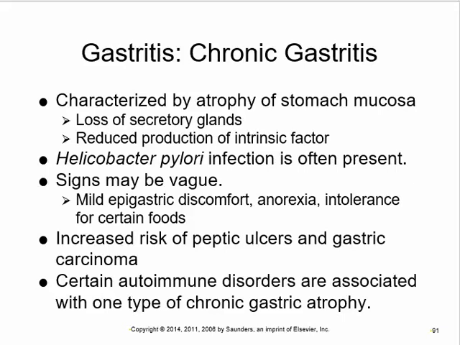Oftentimes, H. pylori, Helicobacter pylori, is present. This bacteria has learned to live in the alkaline mucus produced by the stomach. And what's interesting about this bacteria is it eats that mucus.